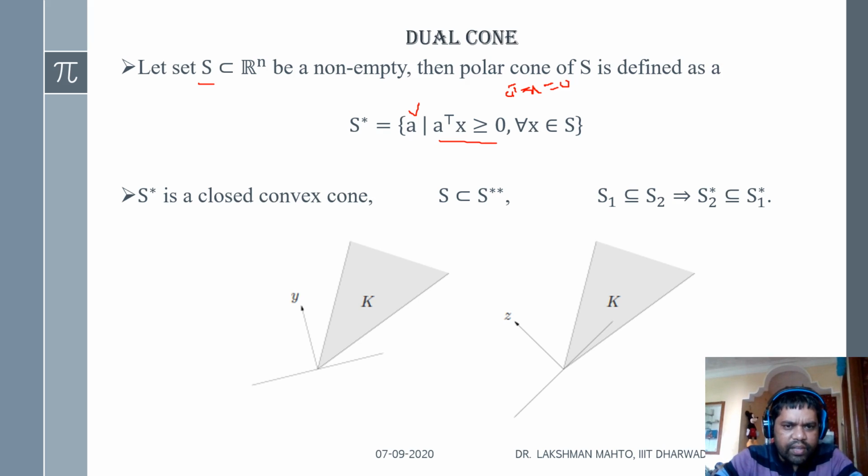Now, what is the dual cone of K? Easily we can define it this way. If we take any direction y, with respect to this direction y, we can define a hyperplane.